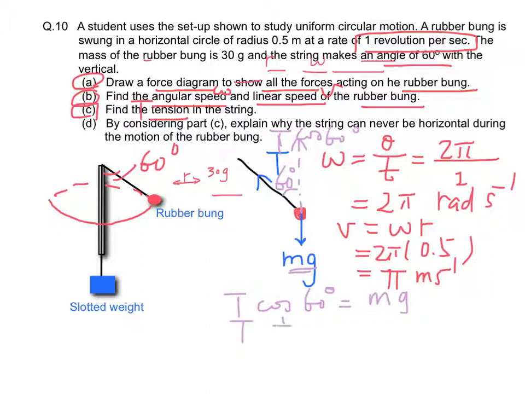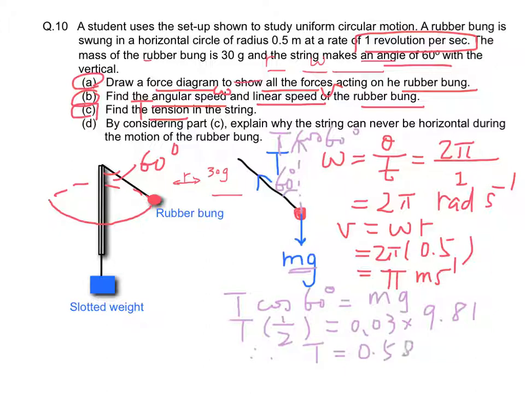T times 1/2 equals mg. M is equal to 0.03 kg, g is 9.81. Therefore, we have the tension in the string equal to 0.589 Newton.